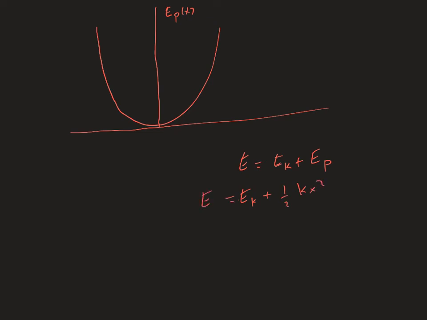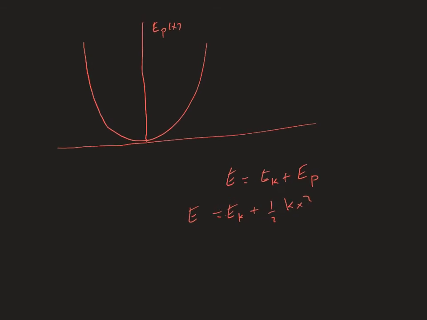So this point x1 has this energy, E sub p of x1. This point x2 has another energy, a bigger potential energy. If I move to the right, the potential energy is bigger. So this is x2. As I said, minus the slope is the force.